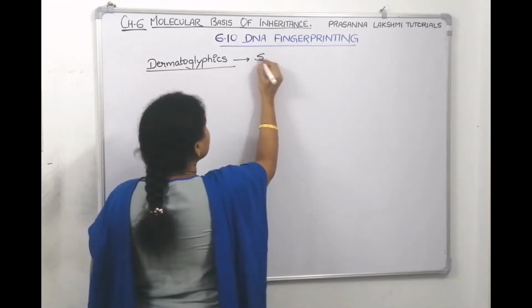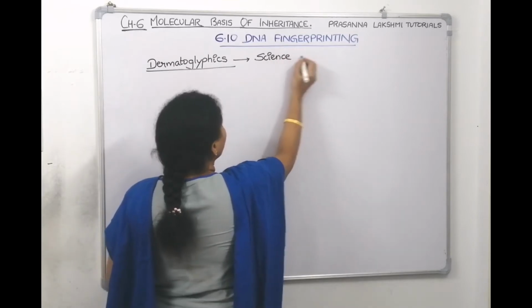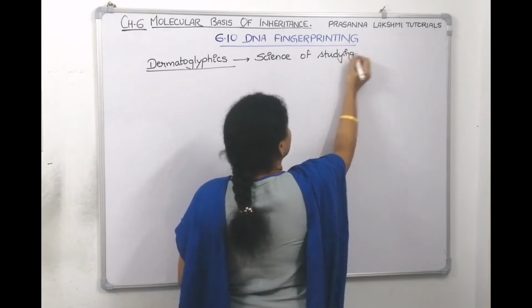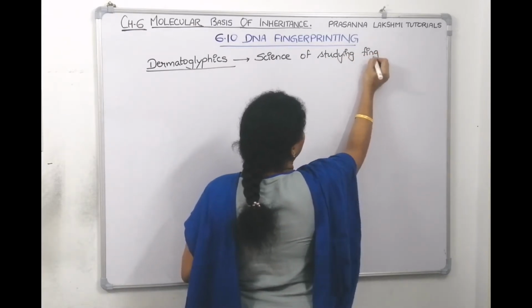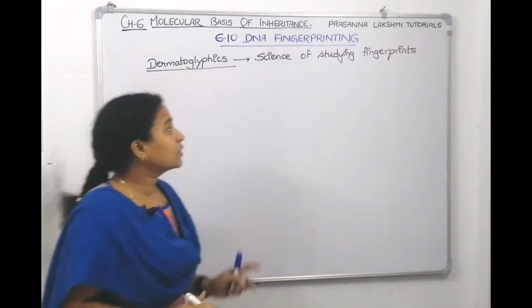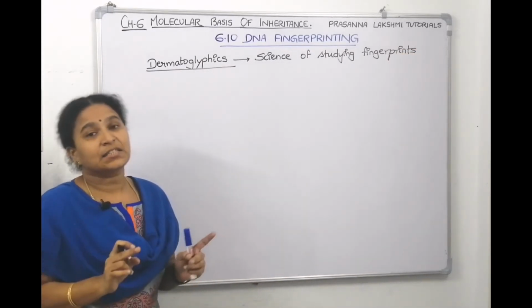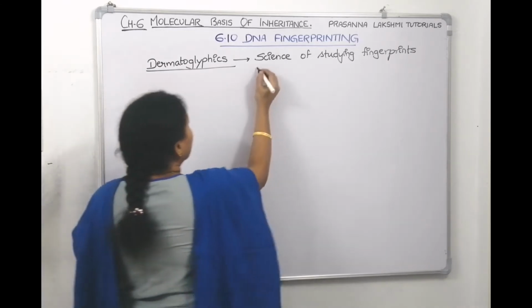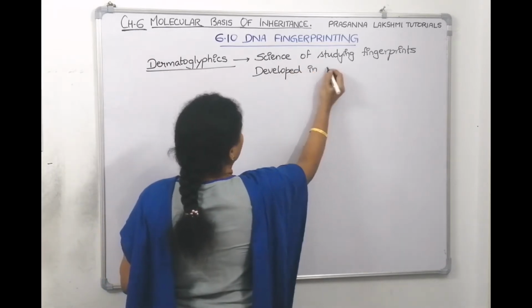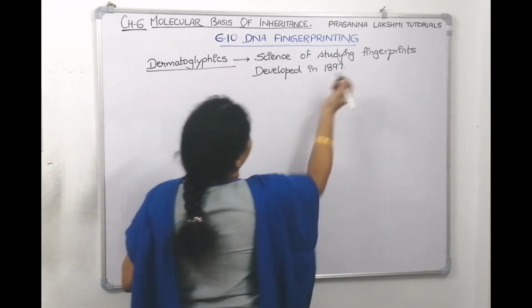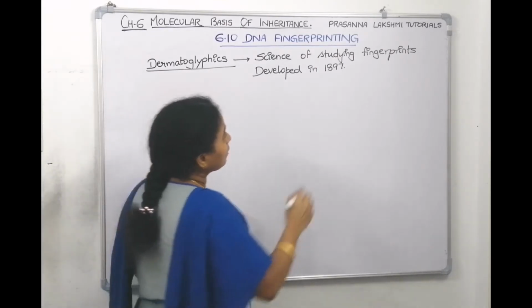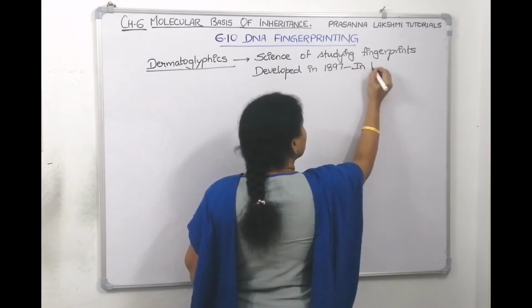That science of studying fingerprints is called dermatoglyphics, and this technique was developed in the year 1897 in West Bengal.